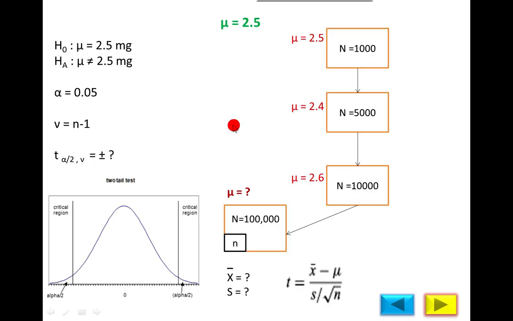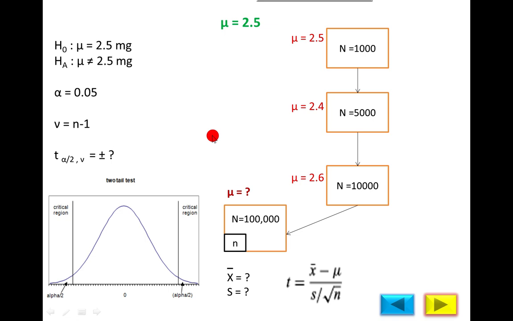Now, this is a practical example. With the help of this example, you can understand what testing of hypothesis is, what its purpose and objective are, and when we use it. There are four objectives.